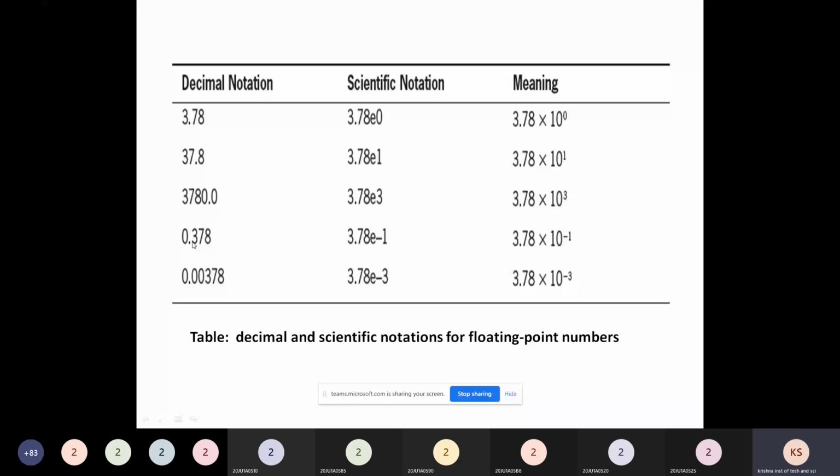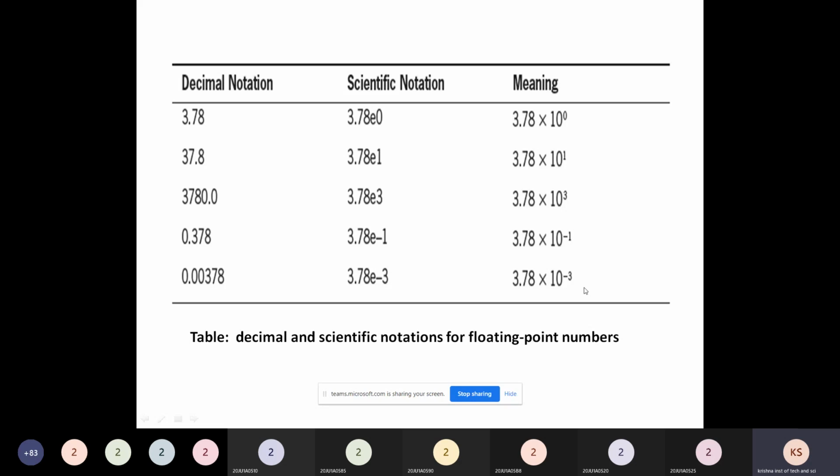Because we moved the position one place, you use -1, 3.78 into 10 to the power of -1. For example, if you have decimal notation 0.00378, the scientific notation is 3.78, because we moved the decimal 3 positions, so e power -3, meaning 3.78 into 10 to the power of -3.